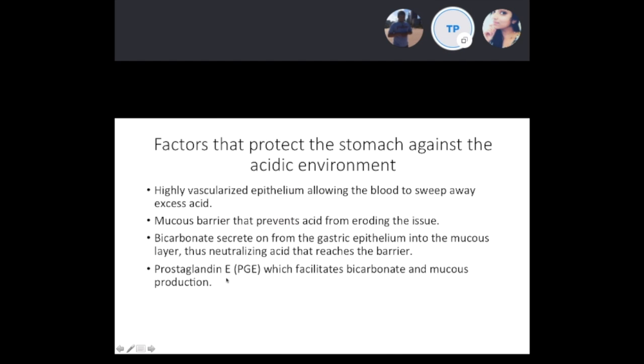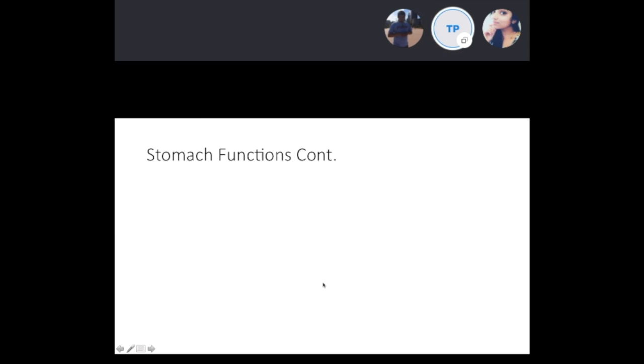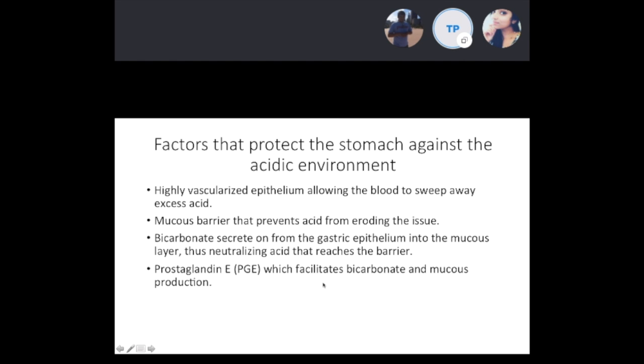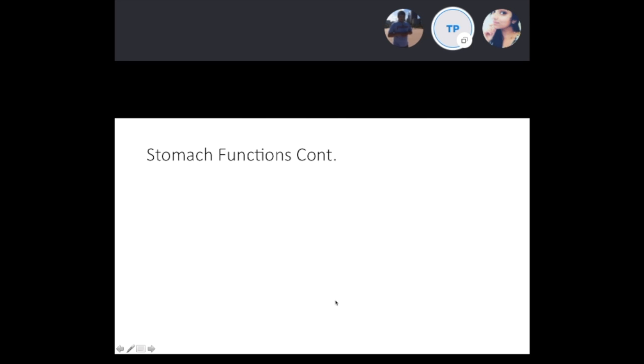And then prostaglandin E, PGE, also facilitates bicarb and mucus production. Those are all the factors that help create a protective barrier against the acidic environment.